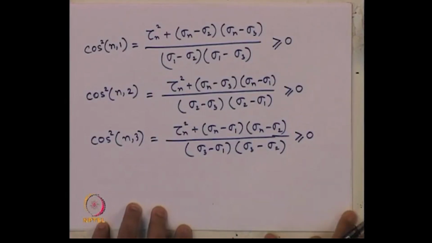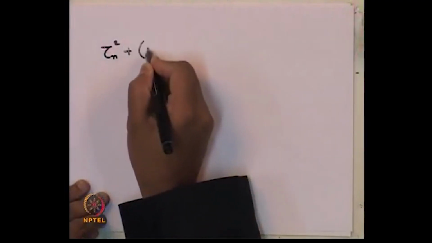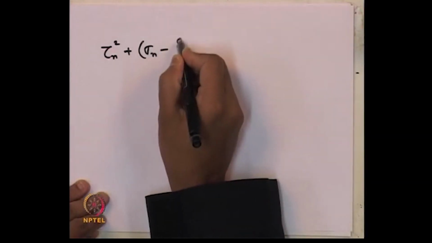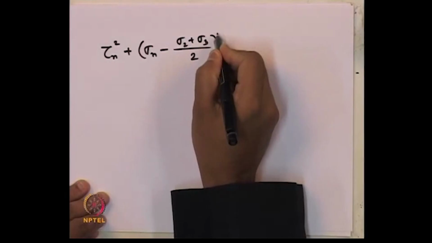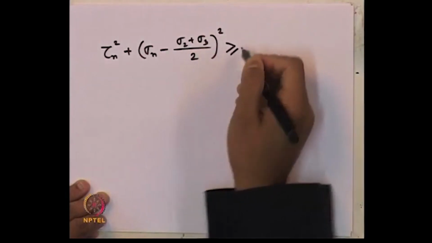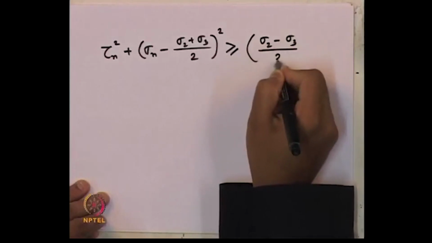What does it mean? If we simplify these expressions further, it can be written in this form: tau n square plus (sigma n minus (sigma 2 plus sigma 3) by 2) whole square should be greater than or equal to ((sigma 2 minus sigma 3) by 2) whole square.